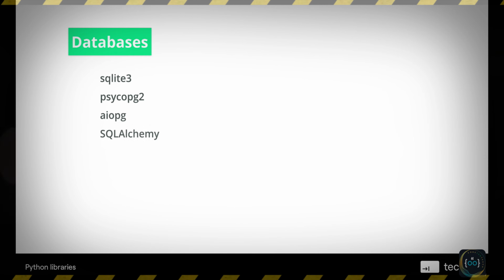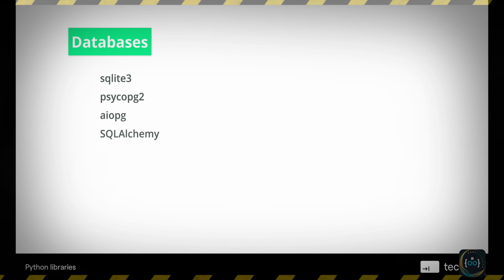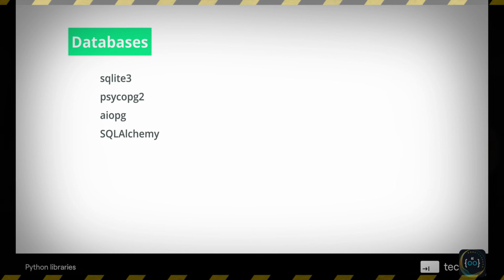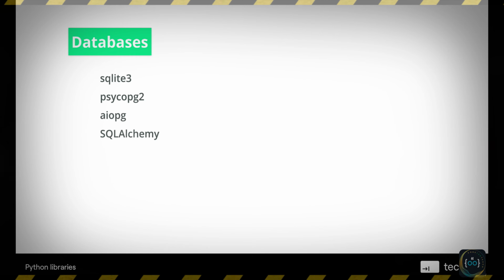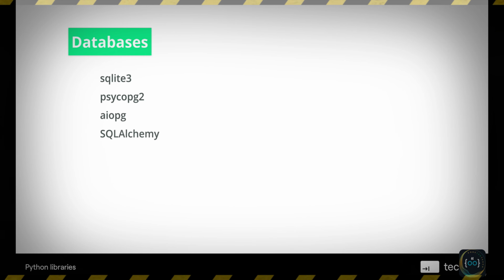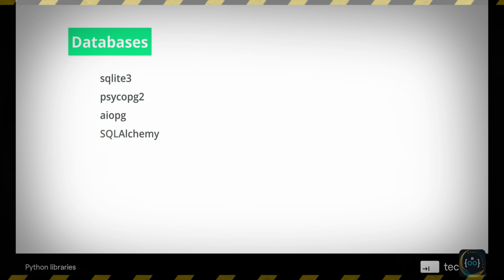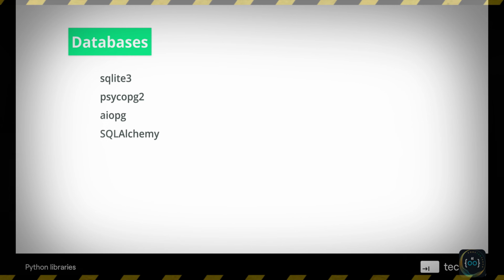SQLAlchemy is a different beast altogether. It can be used to connect to SQLite or Postgres or MySQL or Oracle or indeed any other type of database. And it wraps the entire database connection in a different format.